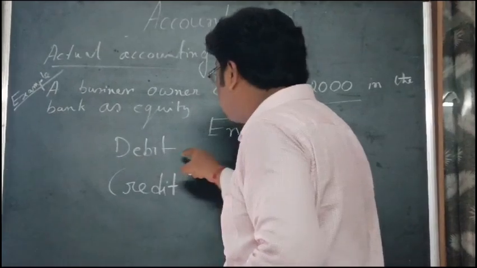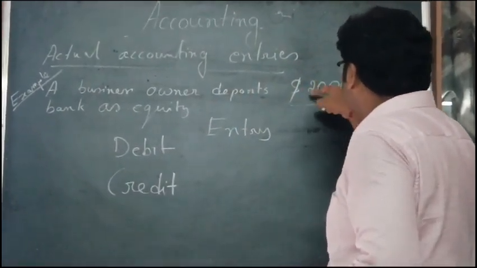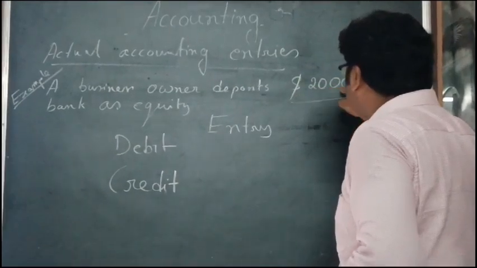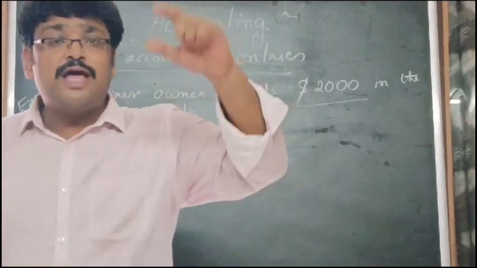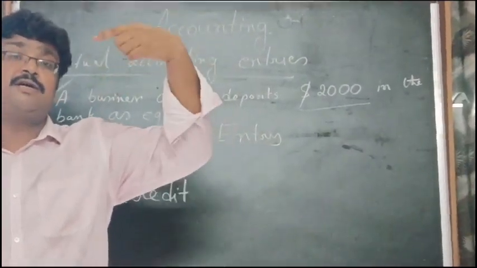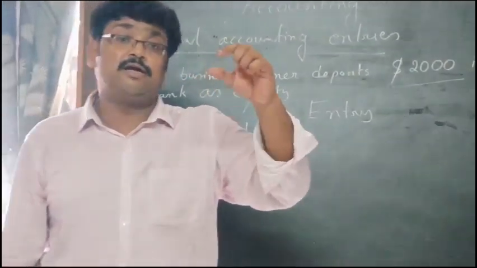Debit is the cash. $2,000 has been deposited in a bank. So there is an increase in the cash.